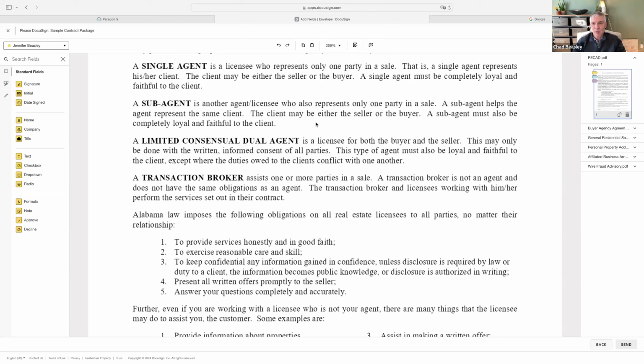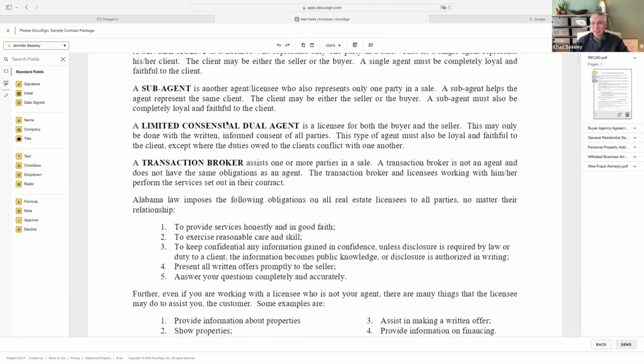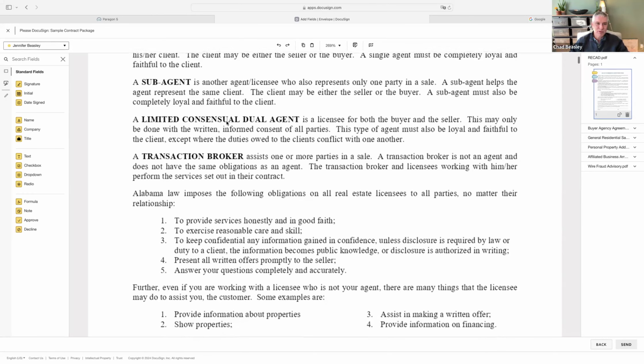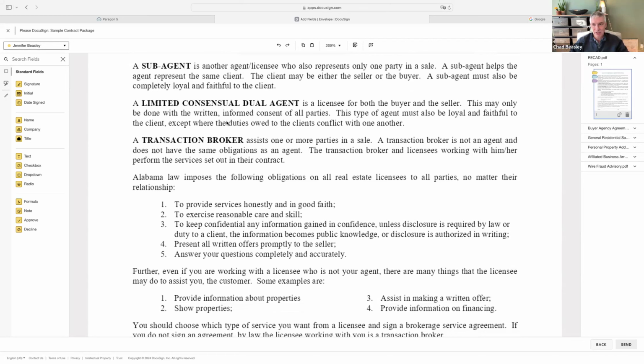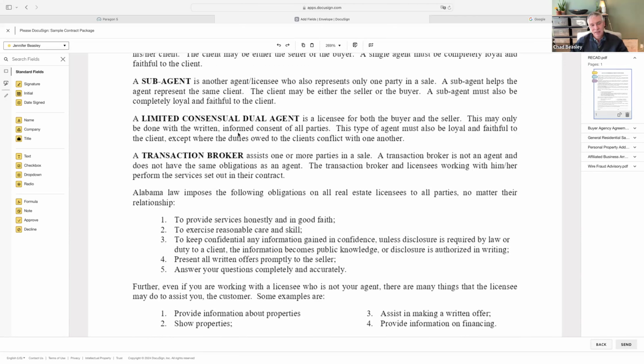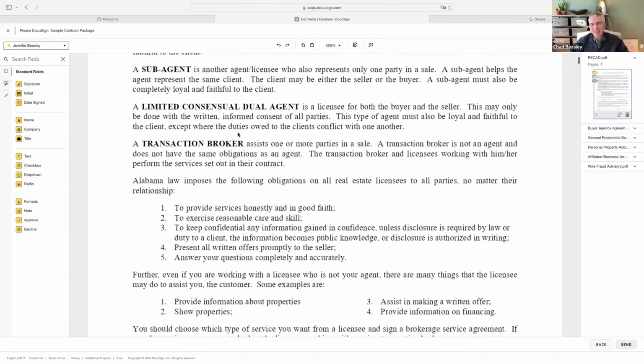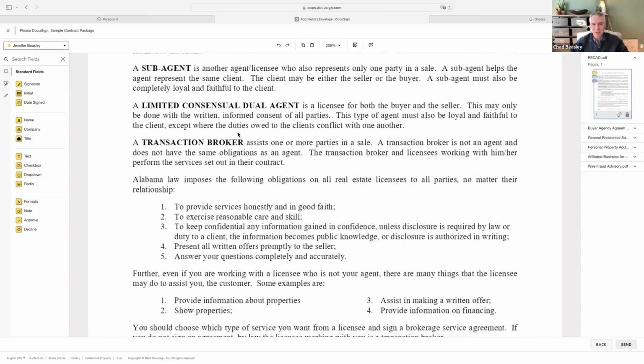And so you were always, even if you were EXP and the house was listed by ARC, a sub-agent of ARC Realty representing that seller in the transaction, which is weird to me, but that's the way it was. But we really don't see that one much anymore. I honestly have never in my 26 years had an instance of acting as a sub-agent or really seeing it done, but it's still on this form. So I try to at least just briefly explain it so people don't think I'm just skipping over something.